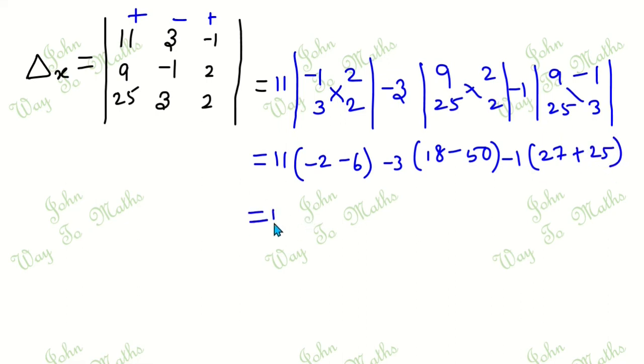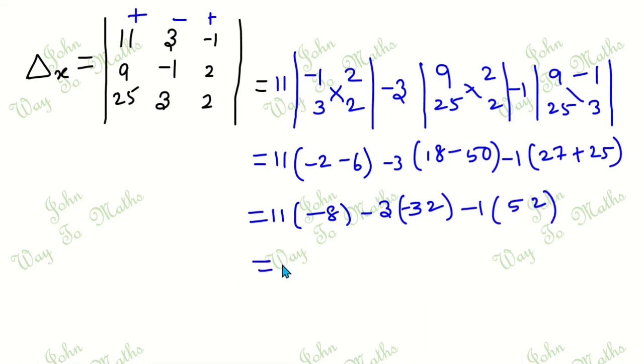So which is equal to 11 times of minus 2 minus 6 becomes minus 8. Then minus 3 of 18 minus 50 is minus 32, minus 1 of 27 plus 25 becomes 52 here. Which is equal to 11 into minus 8 becomes minus 88, minus into minus plus 3 into 32 becomes 96, minus 52.